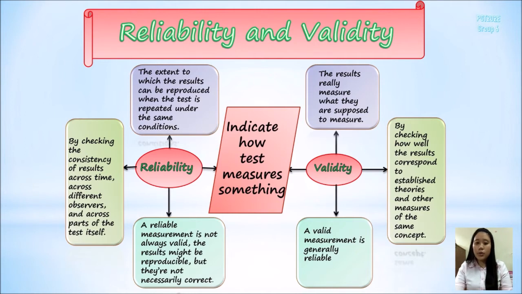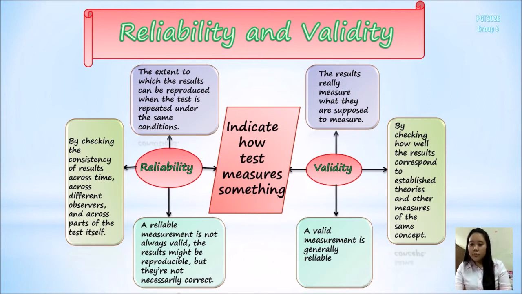The second difference between reliability and validity is, reliability refers to checking the consistency of results across time, across different observers, and across parts of the test itself. Like I just mentioned in the previous slide, if you want a method or test to be consistent, the results we get should always be similar or the same to each other, and not very different from each other.